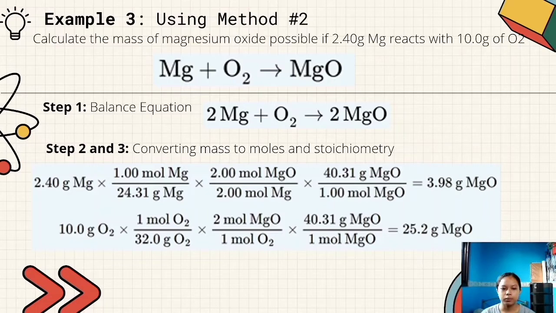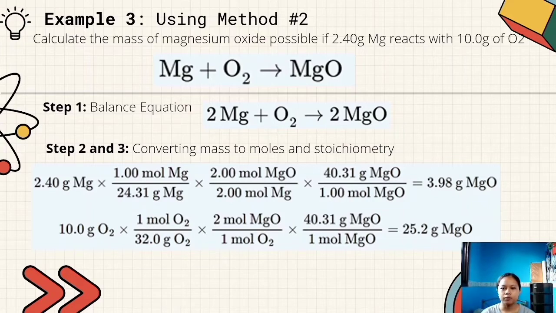This will be the 2 mole of magnesium oxide over 2 mole of magnesium. After this, we will multiply it to the value of 1 mole of magnesium oxide, which is the equation 40.31 grams of magnesium oxide over 1 mole of magnesium oxide. This whole solution will result to 3.98 grams of magnesium oxide.